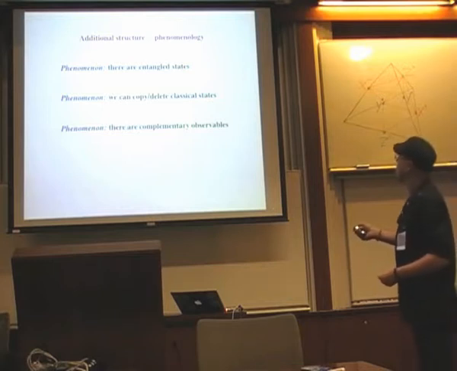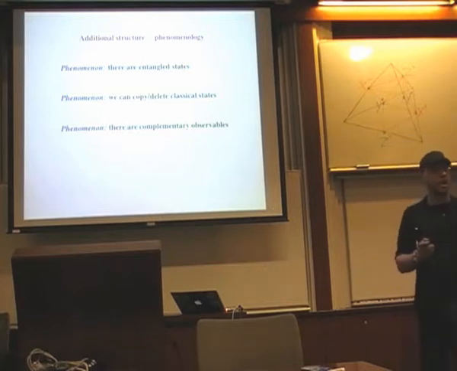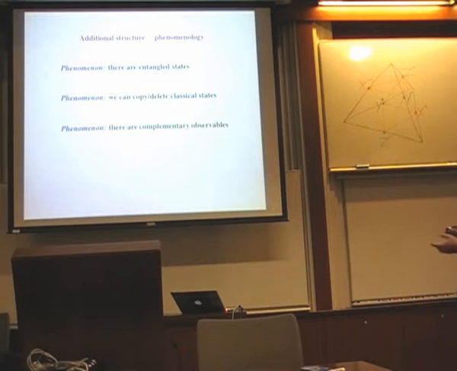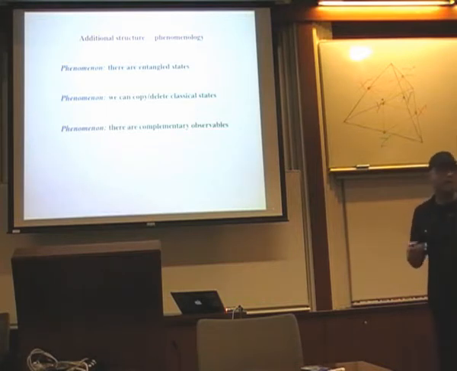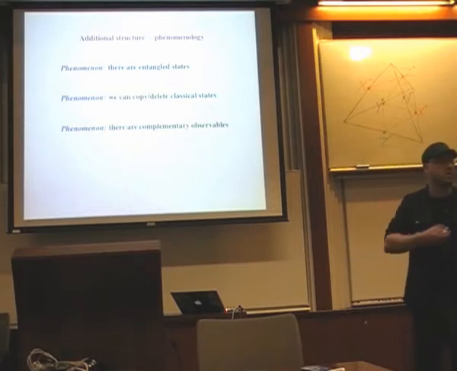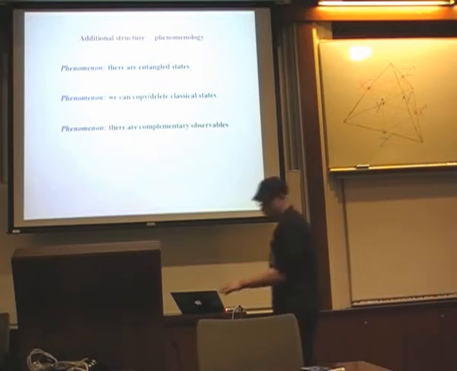We know that we can copy and delete classical states, so we're going to add a copying and a deleting operation to specify whenever we're dealing with classicality. We know that there are complementary observables in nature, so we're going to add two such complementary observables. And that's how we build a theory. It's like building with Lego blocks. You just add new little pieces to play with, and you see how much you can do with these pieces. That's sort of the general methodology.